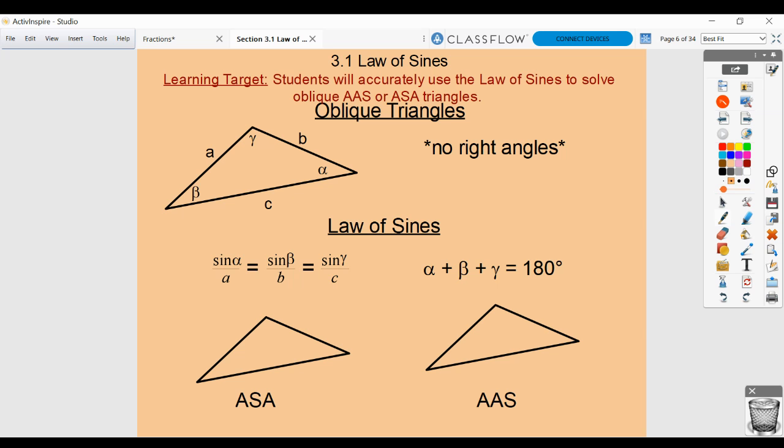So if you look at this first triangle that I have drawn here, you may want to write this down on your blue sheet. So let me put this here if you want to write it down.